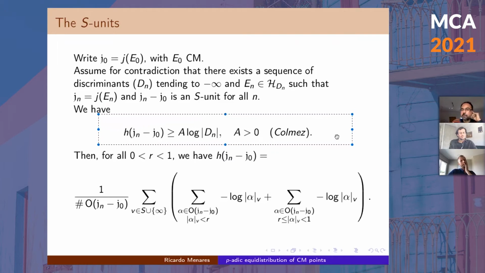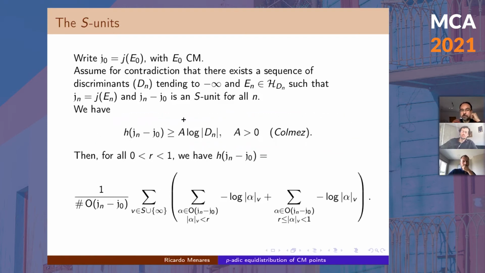This comes back essentially to Colmez's formula, which has a long story, but the idea is that Colmez's formula gives you an expression for the Faltings height of a CM elliptic curve in terms of a special value of an L-function. And this special value can be bounded from below by this kind of quantity.